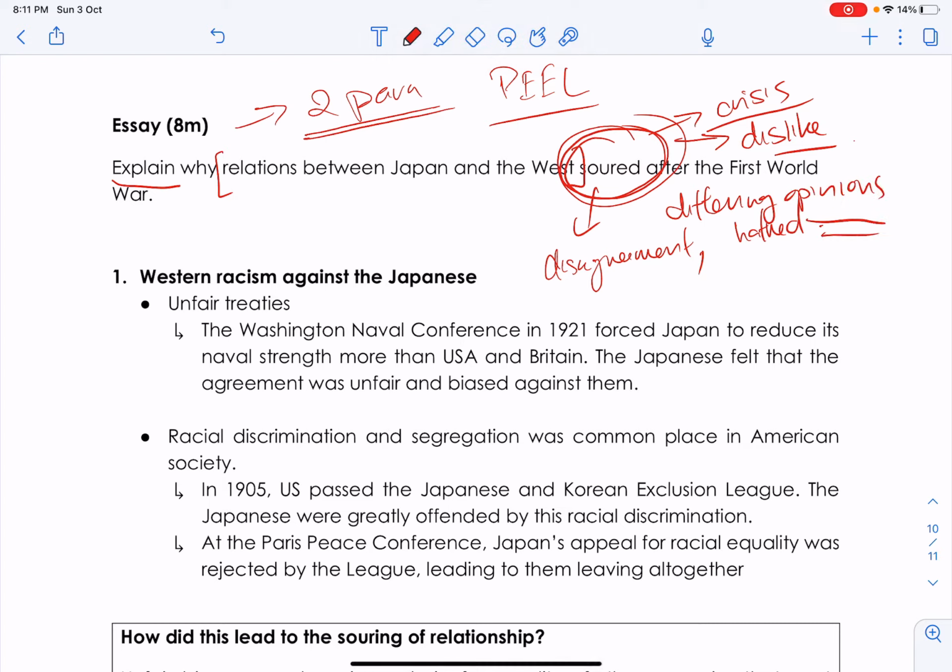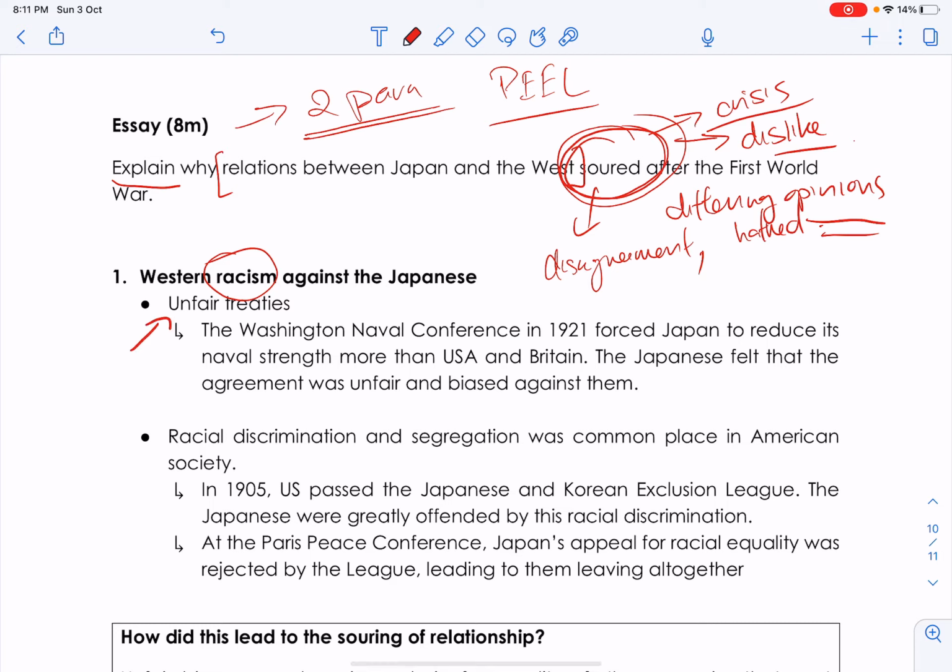Okay. So for example, one of the main points you can write is, of course, racism against the Japanese. Once you have identified your main point, then you have to write the details about the racism against the Japanese, which is inside your Remnote notes.